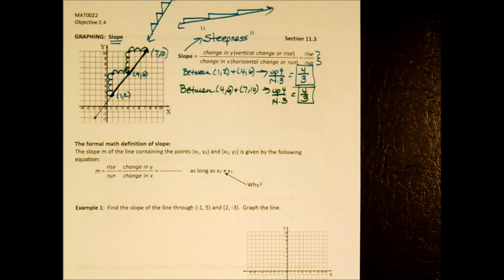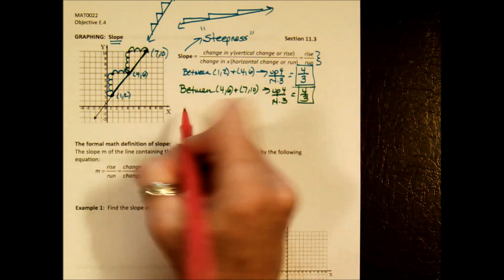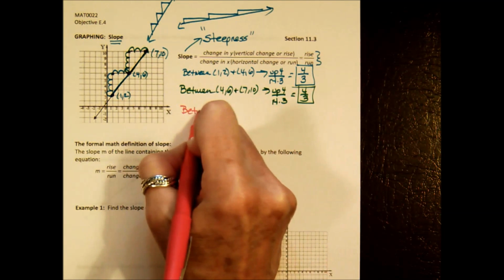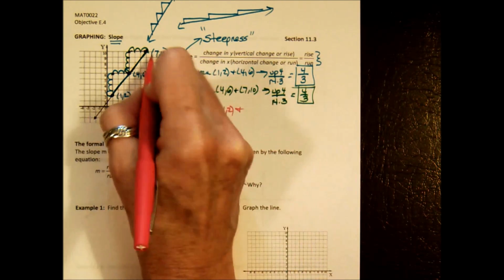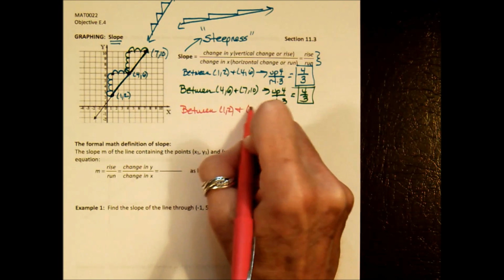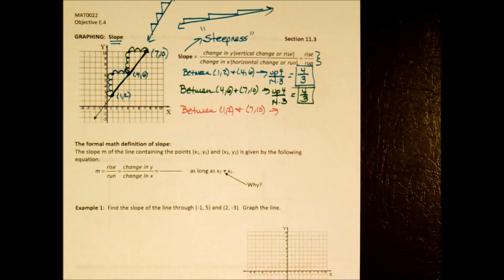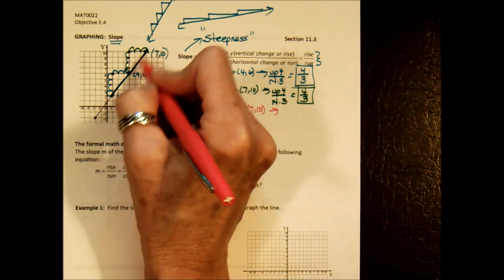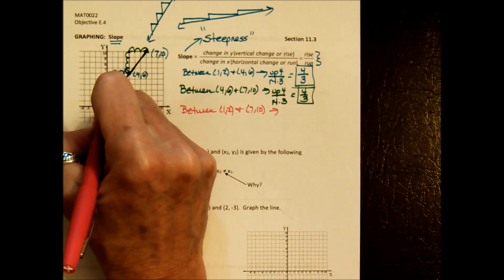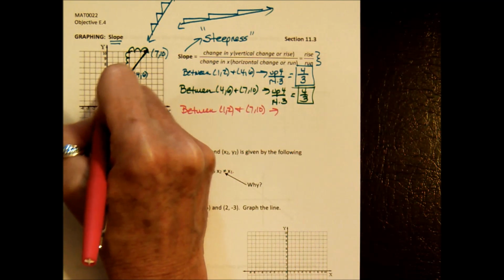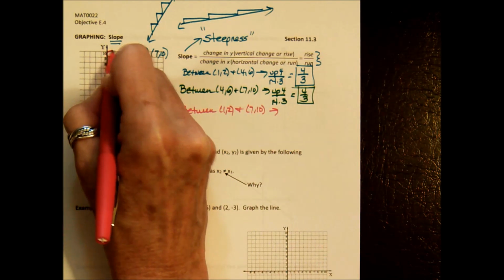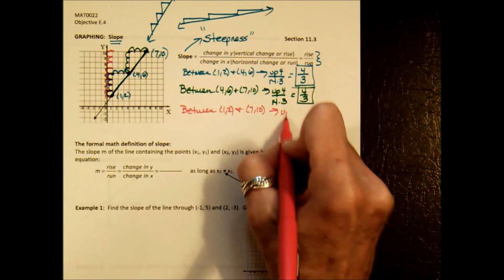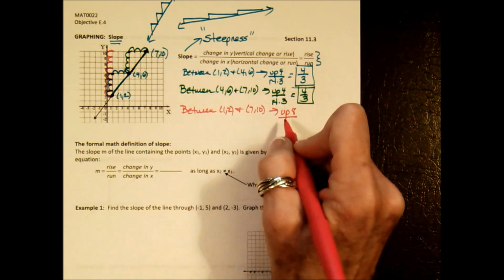All right, in red, let's look at the steepness of the line between the points (1, 2) and all the way up here to (7, 10). So we want to look at the whole steepness. So we're going to do rise over run. So I go up 1, 2, 3, 4, 5, 6, 7, 8. Now I'm up where I need to be. So I went up 8. Uh-oh, that looks different, doesn't it?